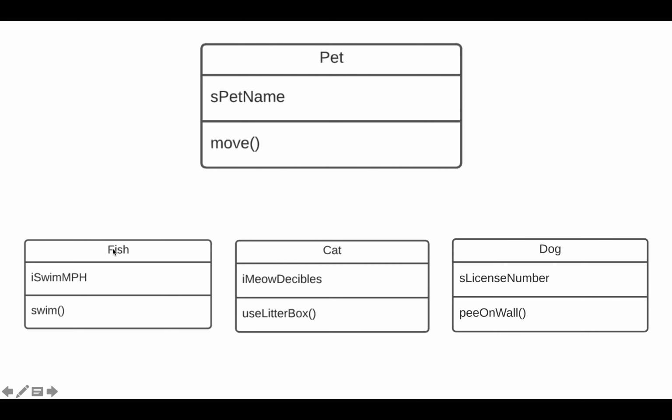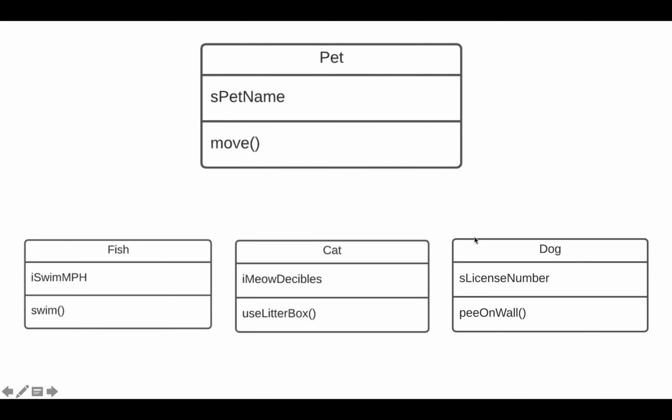So if I go down here, I have a fish, and my fish can technically swim at a particular rate of speed, and so I'm calling that an integer number. And the behavior that it can do, that not any pet can do, is swim. If I move over to here, I've got a cat, and one thing that my cat can do uniquely is it can meow at a certain volume level. Fortunately, it's not a very loud cat, and it can also use the litter box.